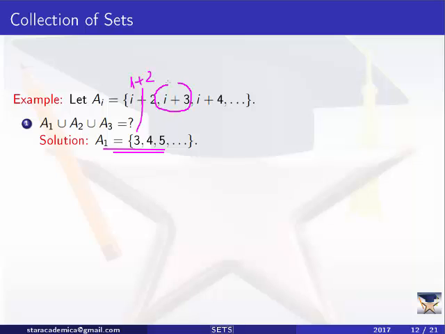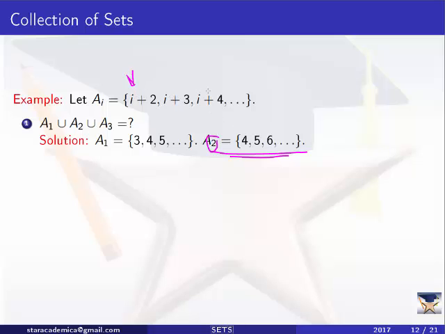And i plus 3, it's 1 plus 3, which is 4. And this is fine, so we have A1. A2, similarly, whenever we see 2 for i, it's 2 plus 2, which is 4, 2 plus 3 is 5, 2 plus 4 is 6. And A3 similarly will be 5, 6, and 7.